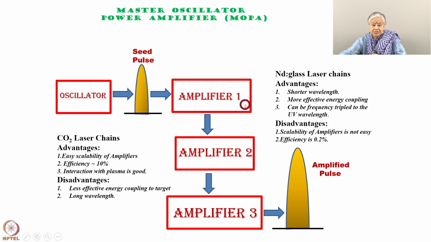Generally, most of these amplifiers, in case of a carbon dioxide, work at atmospheric pressure. Okay. So, you can have larger and larger amplifiers filled in with carbon dioxide, CO2, N2, helium, as if you recollect my previous lectures on CO2 lasers.